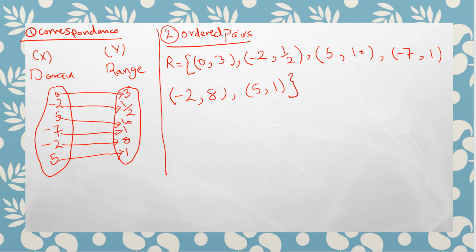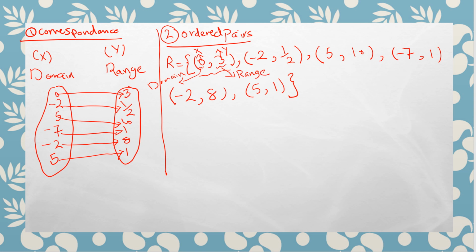So this is the shape or the form of the ordered pairs. The first pair here consists of two components. The first component is the value of x, and the second component is the value of y. Also, the first component, 0, the value of x, can be called the domain, and the second component of the pair, which is the value of y, can be called the range.